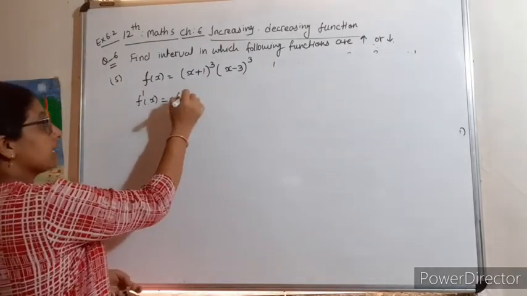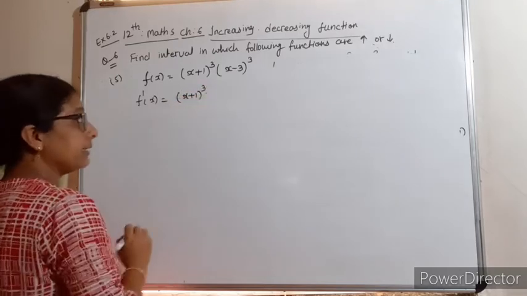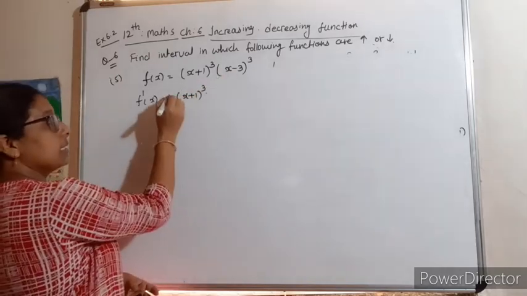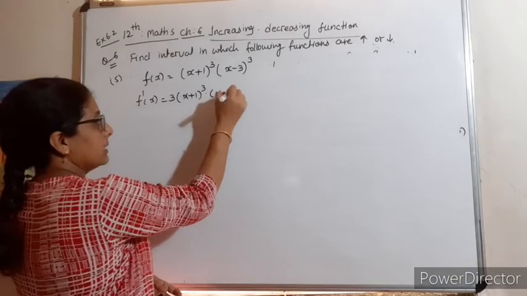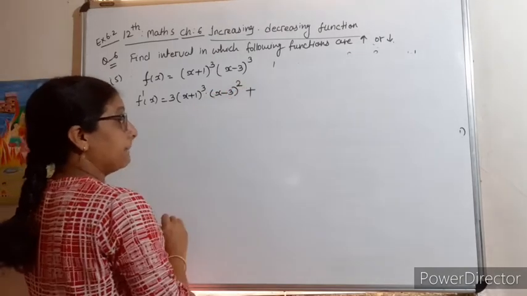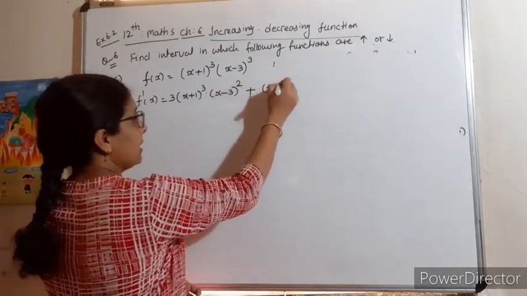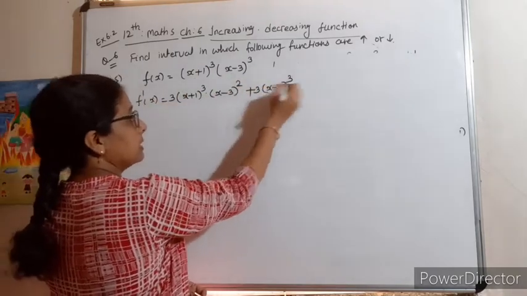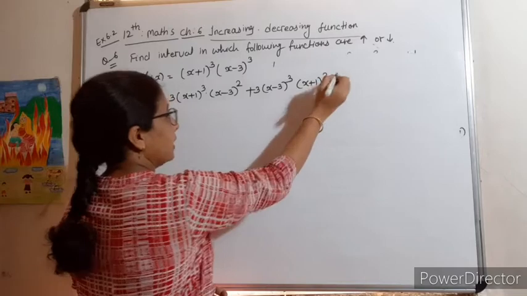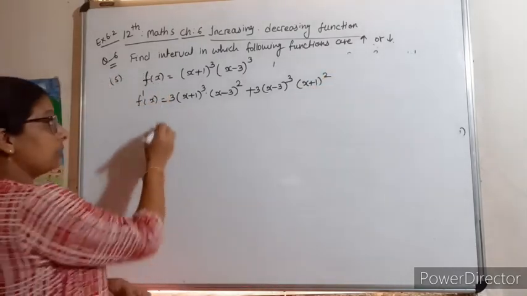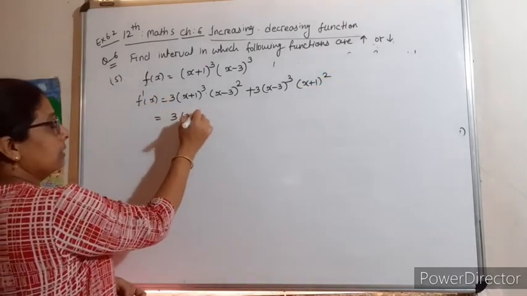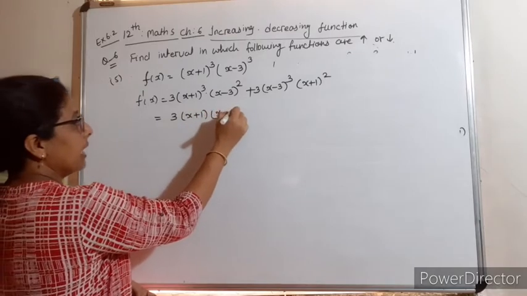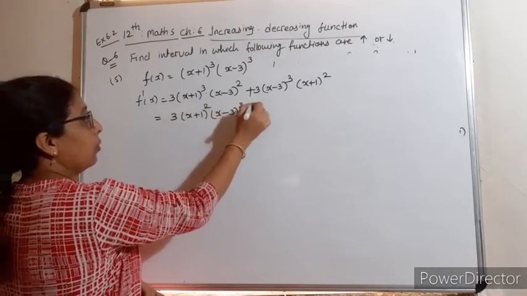So first x plus 1 cube constant, the derivative of this is 3 x minus 3 whole square plus x minus 3 whole cube constant, derivative of this bracket is 3 x plus 1 whole square.